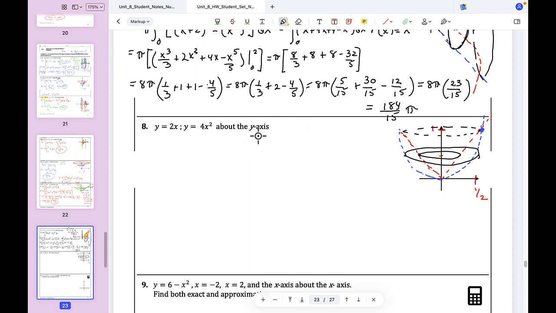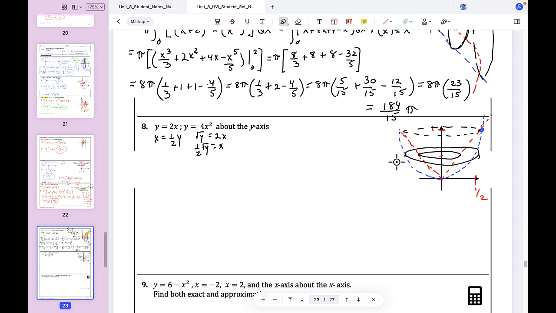Okay, so since I'm rotating around the y-axis, I have to rewrite these solving for x. So here, x is going to equal 1/2 y. And if I take the square root of both sides, I get the square root of y equals 2x. So we're looking at x equal to 1/2 square root of y, okay?